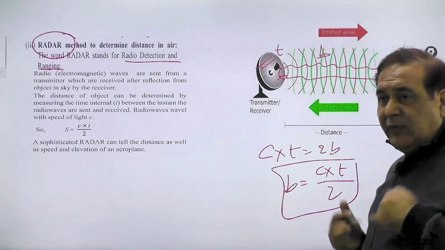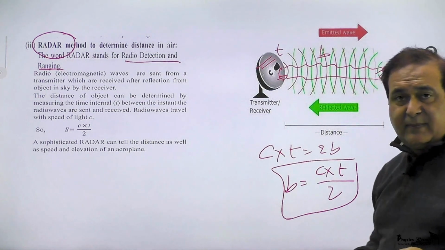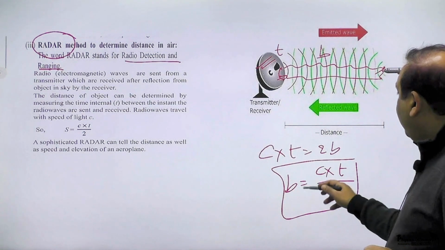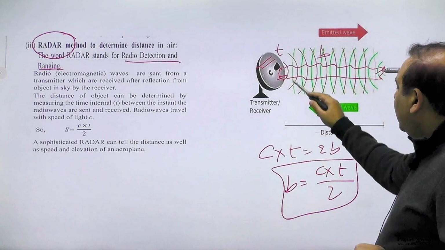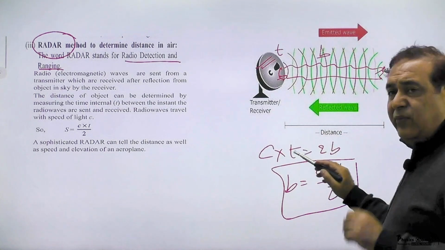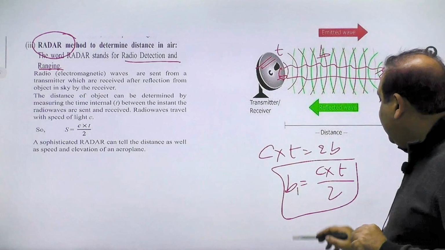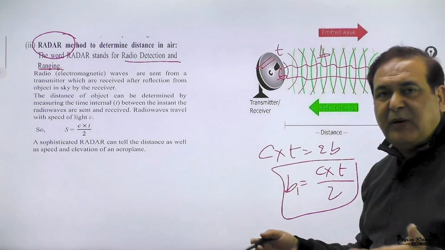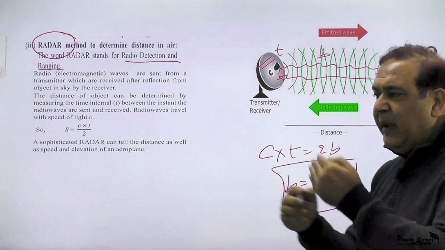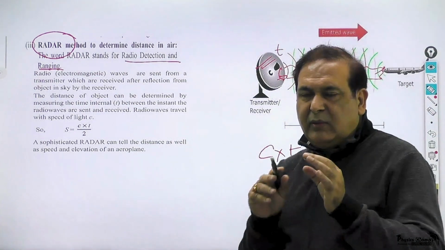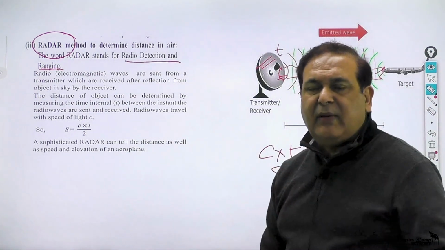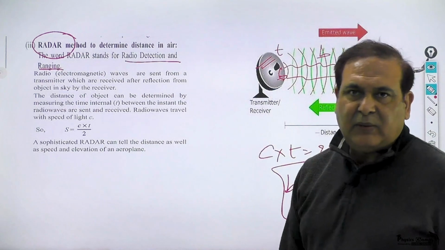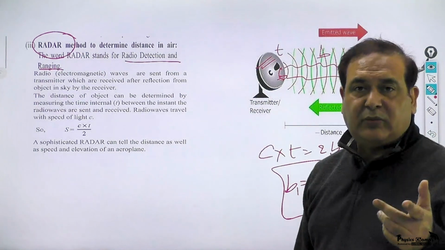And if you wish to know the speed of the plane, you can find the distance. Say for one moment the gap was b1, next moment, within a time interval, the gap was b2, and then by finding the gap at different time intervals, we can find its speed also, angle also.